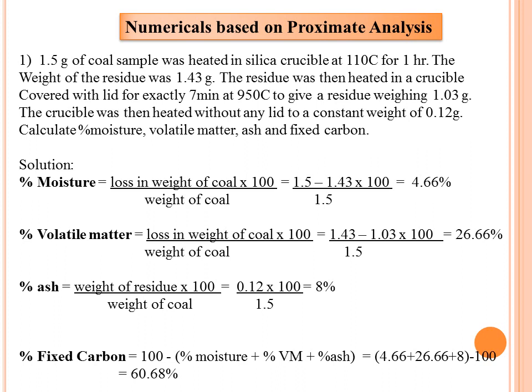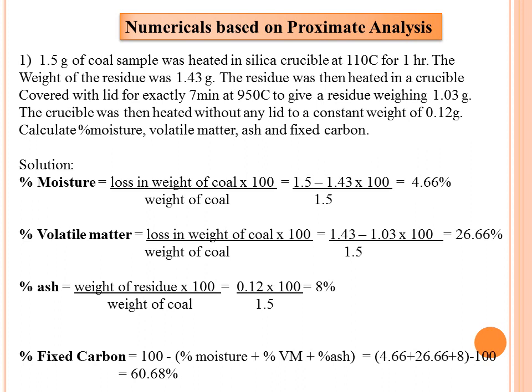For this whole experiment, it is the weight of coal we took in the first experiment, the moisture one. So this will be 1.5, because from that 1.5 we are analyzing everything. So 1.43 minus 1.03 divided by 1.5 into 100. The percentage of volatile matter is 26.66.